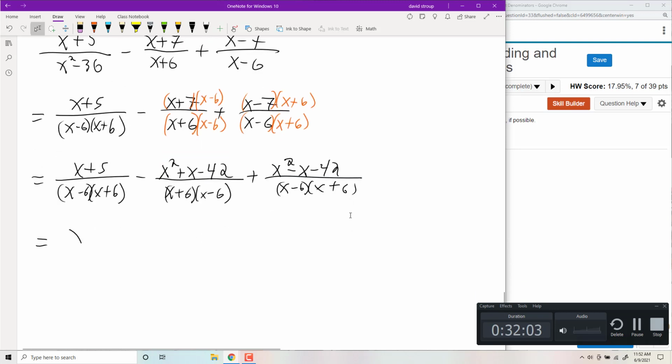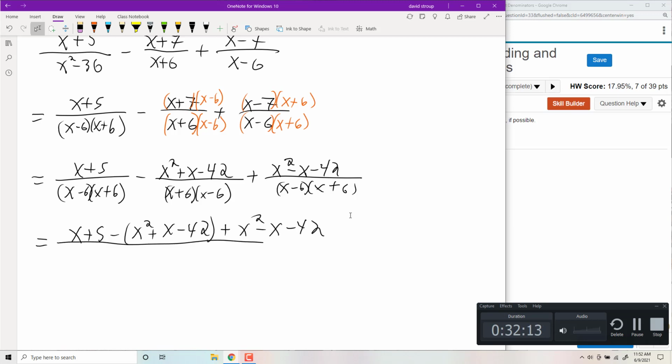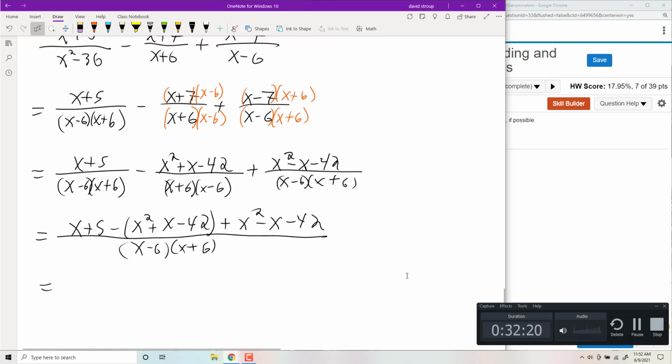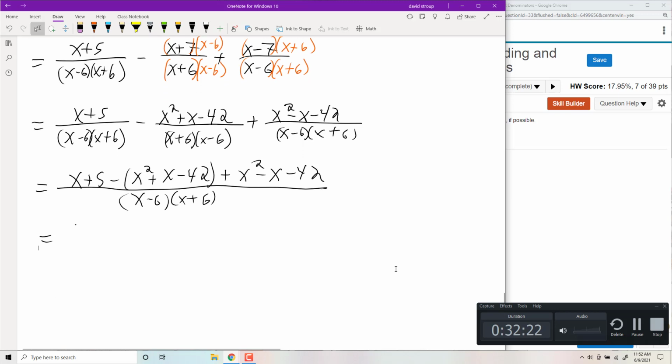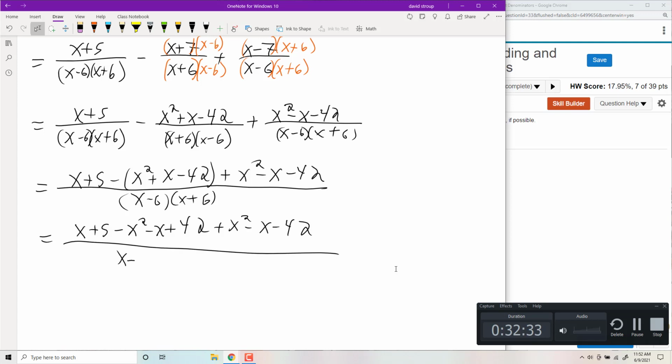Then we want to add and subtract those numerators. So I want to be careful with the negative on the second numerator. I have to distribute that to the entire trinomial. So I get x plus 5 minus x squared minus x plus 42, and then the rest of it over the common denominator.